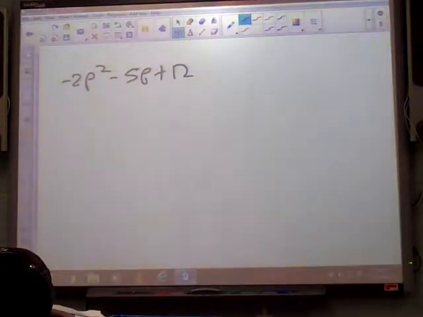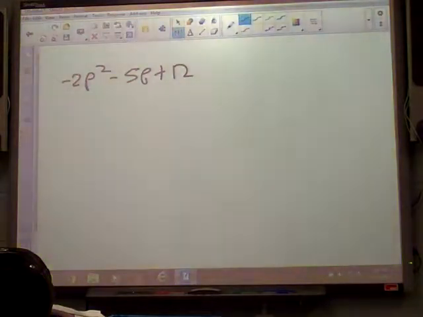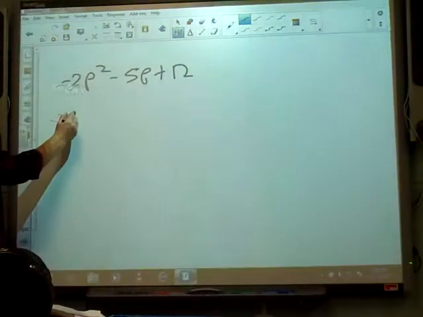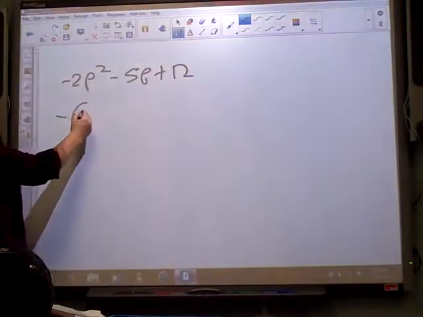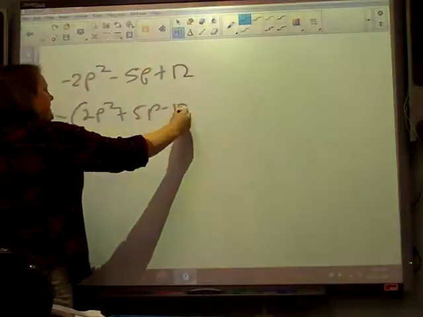Very good, Kaylee. Anytime my A is negative, it makes my factor work harder. Because if I'm trying to make a parentheses with something times something, it's always positive, right? Because a negative times a negative is positive. So I want to take that negative out. So I can factor out a negative 1. Change that to a positive 2p squared, a positive 5p, and a negative 12.